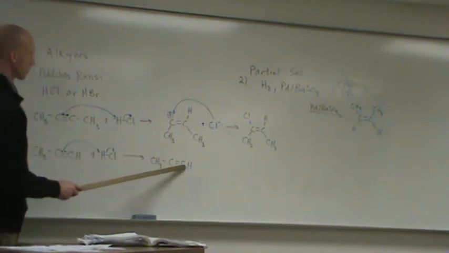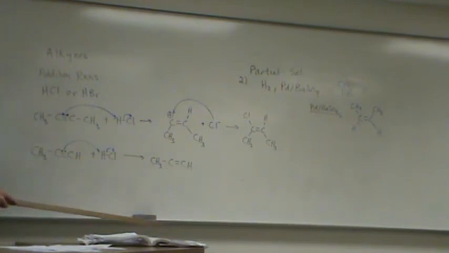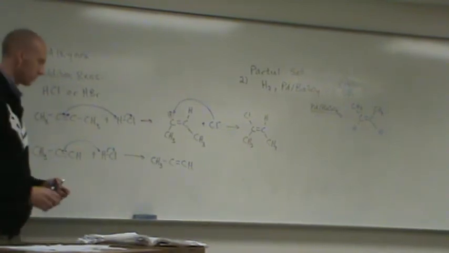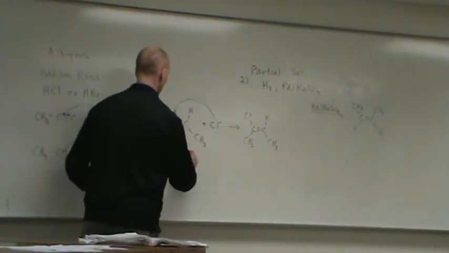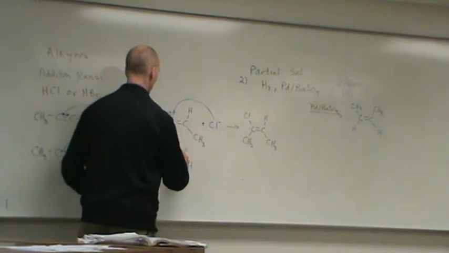This time, you have to make a choice which carbon gets the hydrogen. Which of these two do you think will get the hydrogen? The middle one or the outside? The outside. Why the outside one? So you get the more stable carbocation.